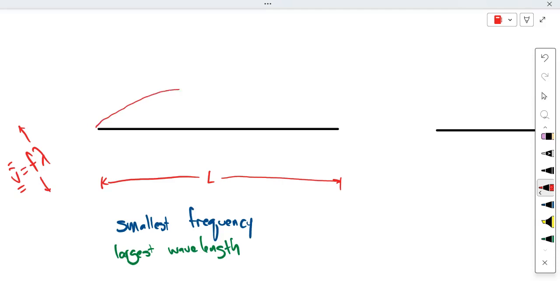And here's the reason. When we make a standing wave on a string, we assume that the ends of the string are physically held down and not allowed to oscillate.